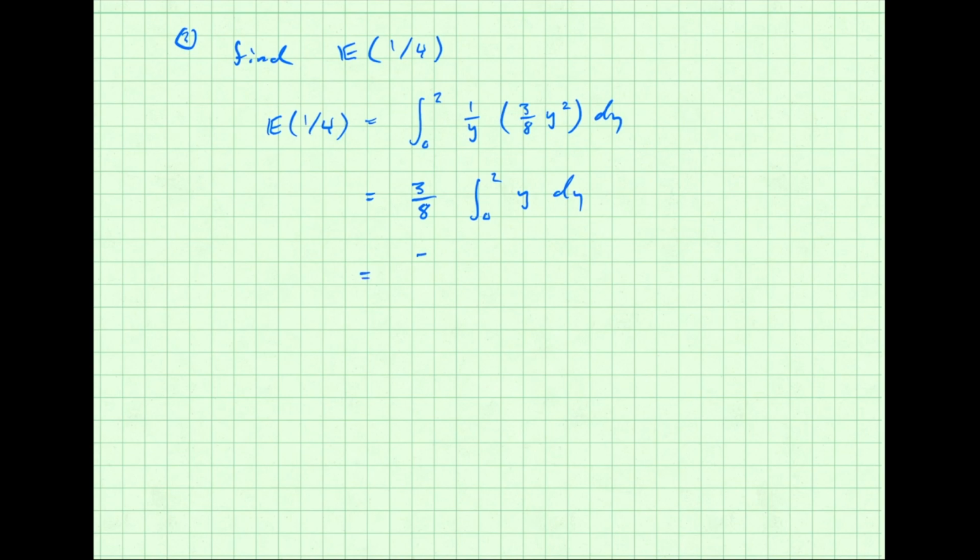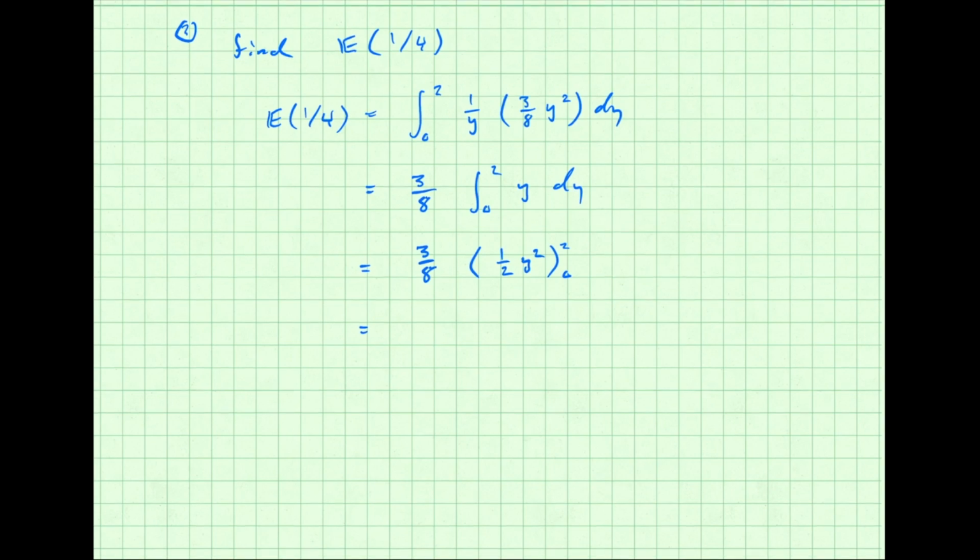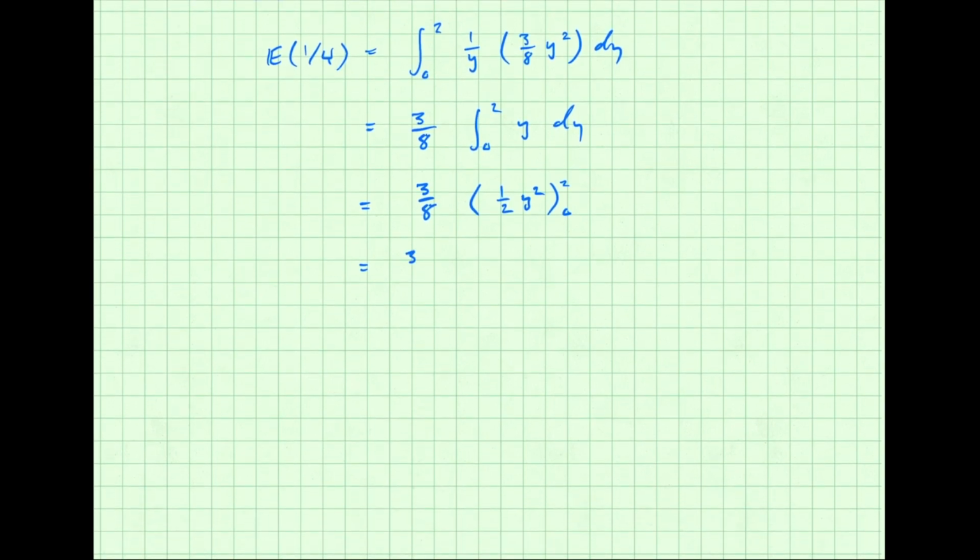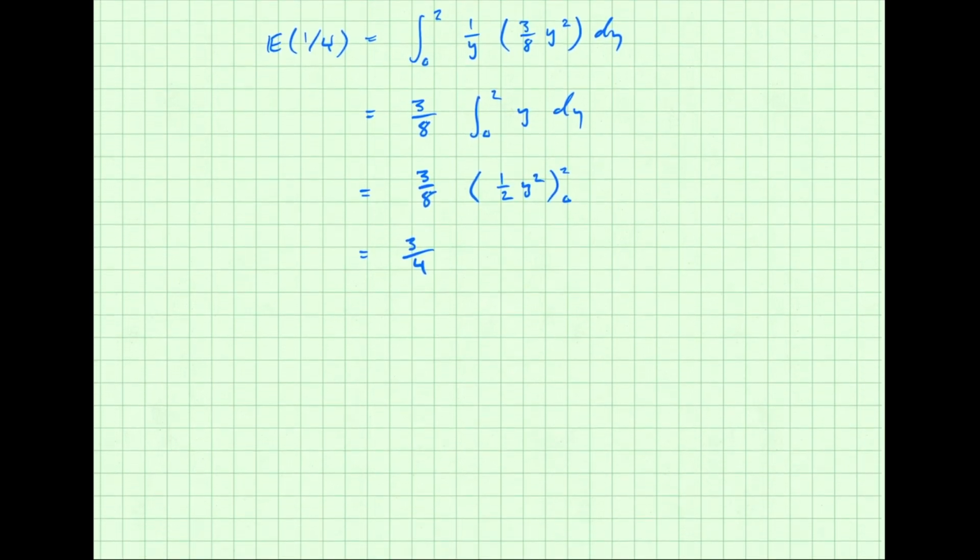And so this is 3/8 times 1/2 y squared from 0 to 2, which is 3/4. Right? So that's fine, but I want to make another note, just like we did before.